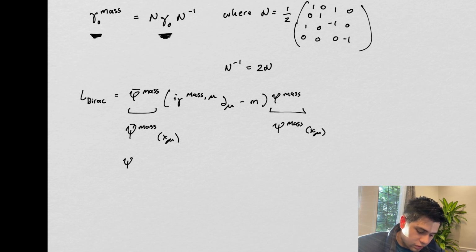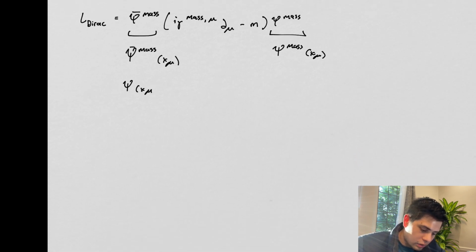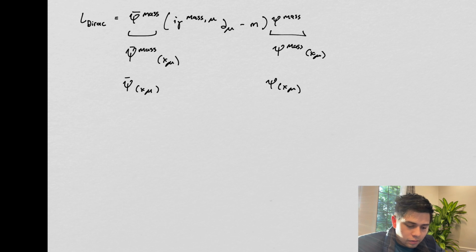Again, this was a field when we didn't consider the mass basis. This was a field also when we didn't consider the mass basis. And so we can convert between the two using this N matrix.